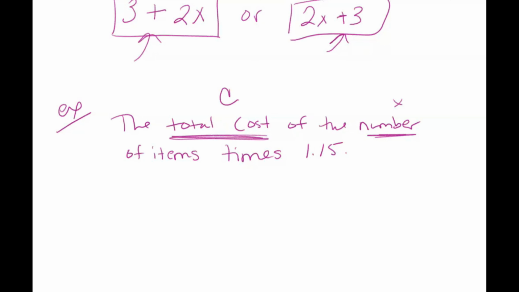The cost of a number times. Times is another word we might want to add to our box, representing multiplication, right? Remember, multiplication we're going to represent with a dot, or you could maybe write just multiply, something like that. Times 1.15. So I know C is equal to a number times 1.15.